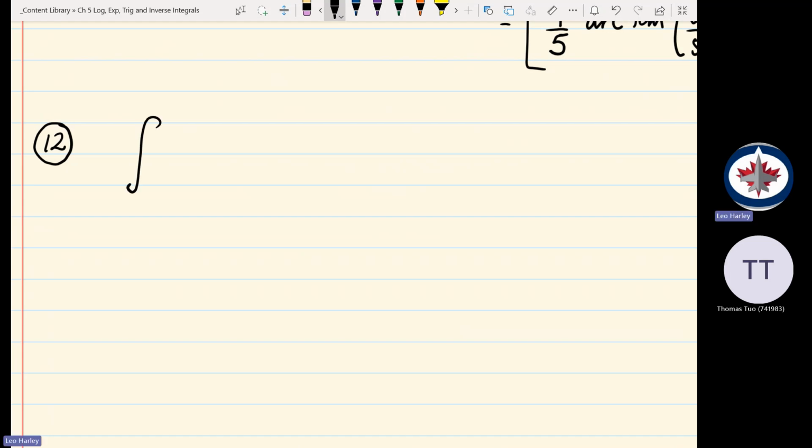The integral of x divided by the square root of 9 plus 8x squared minus x to the 4th dx.